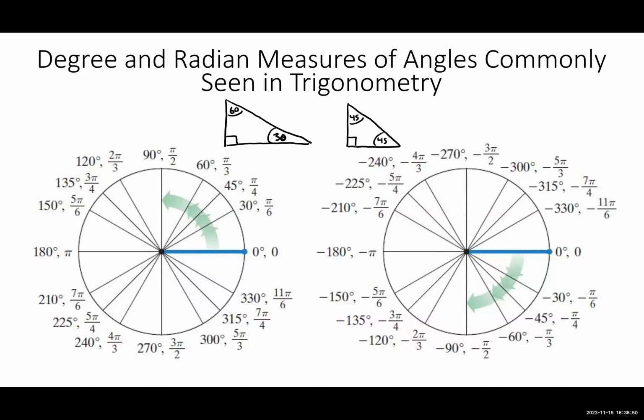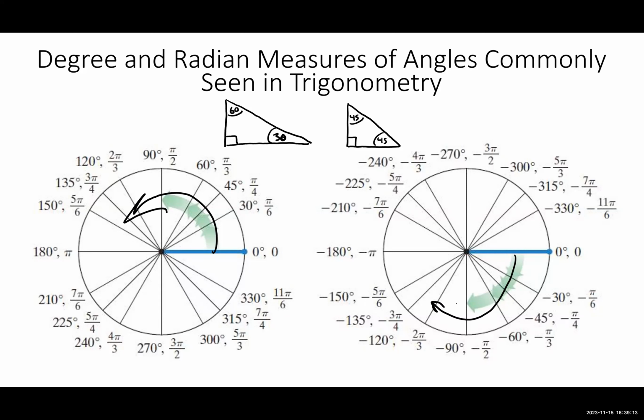And it turns out they will continue to be important. So all of these labeled angles on these two circles, it's the same circle. One is going in the positive direction, one is going in the negative direction.